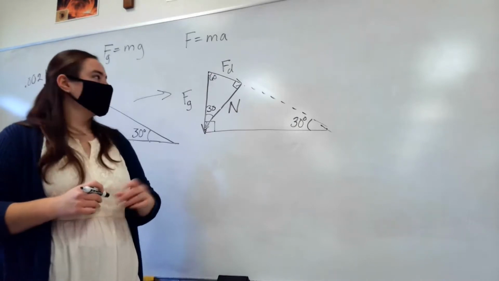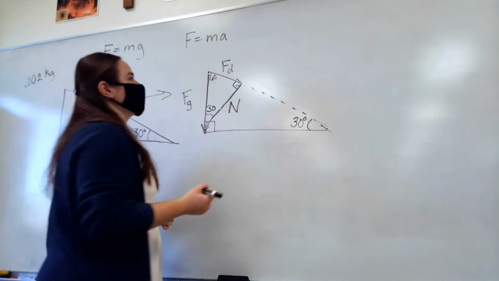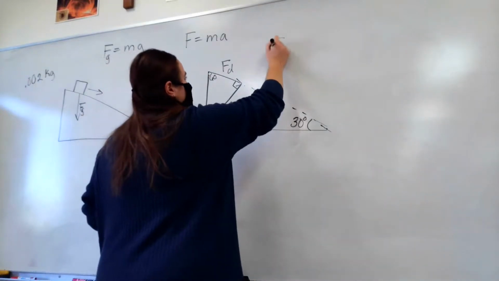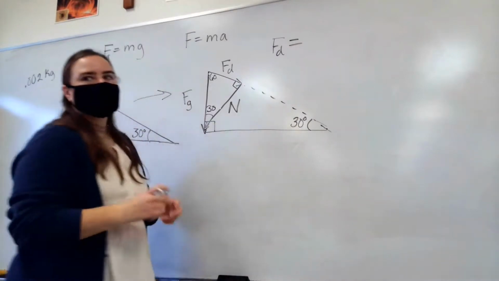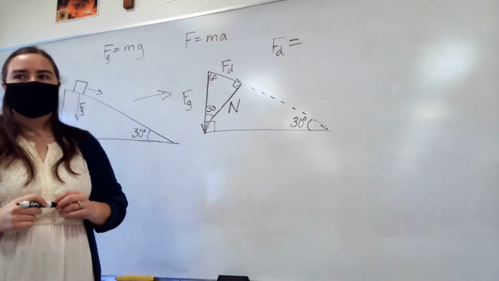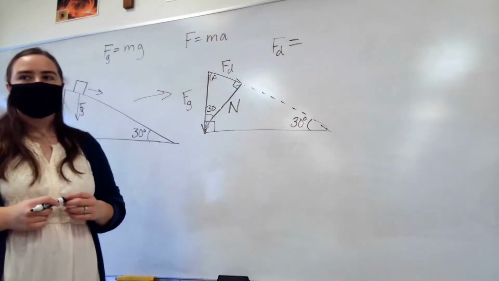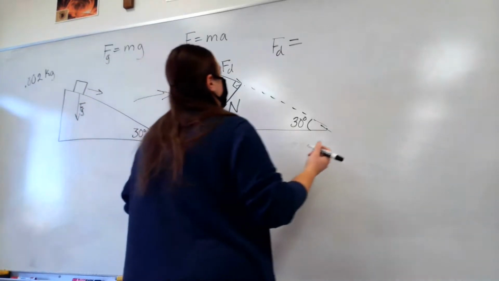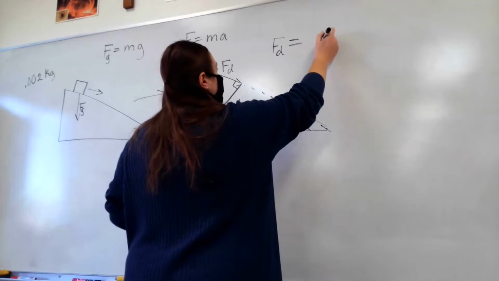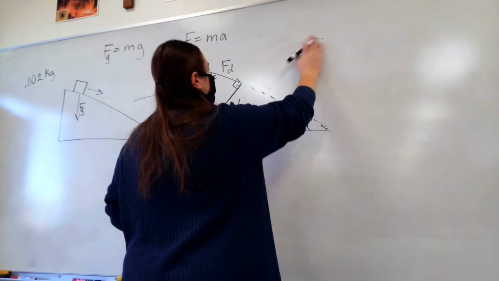Wait, what are we trying to find? We're trying to find an expression that says something along the lines of force down the slope equals something with force of gravity in it, or normal force, either one. Sine. We can use sine. Here, it might be easier if we write it like this.